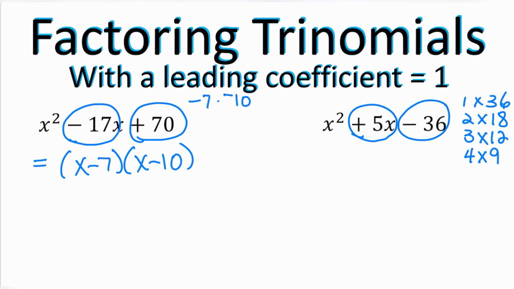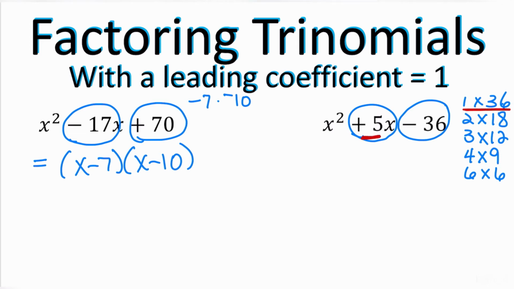It's not divisible by 5. And then 6 times 6. So that's it. I'm good. I have all the possible combinations. And so we're looking for the difference. One of them has to be positive. One of them has to be negative, which basically just means we would have to be subtracting. So which one of these is going to give me a difference of 5?